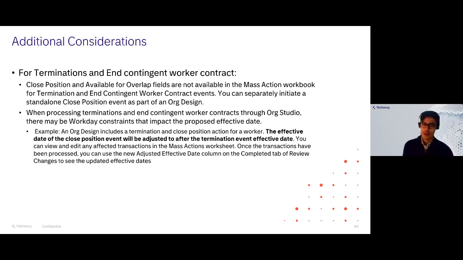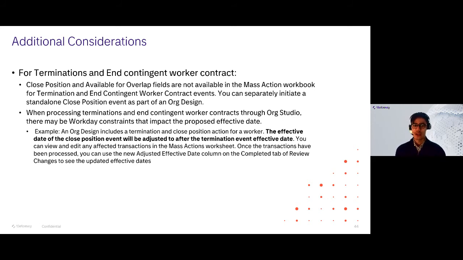Some additional considerations. Closing positions and making them available for overlap is not possible in the mass action workbook. You can, however, separately trigger a standalone close position event as part of the org design in Org Studio. When processing the terminations, there might be some Workday constraints that impact the proposed effective dates.